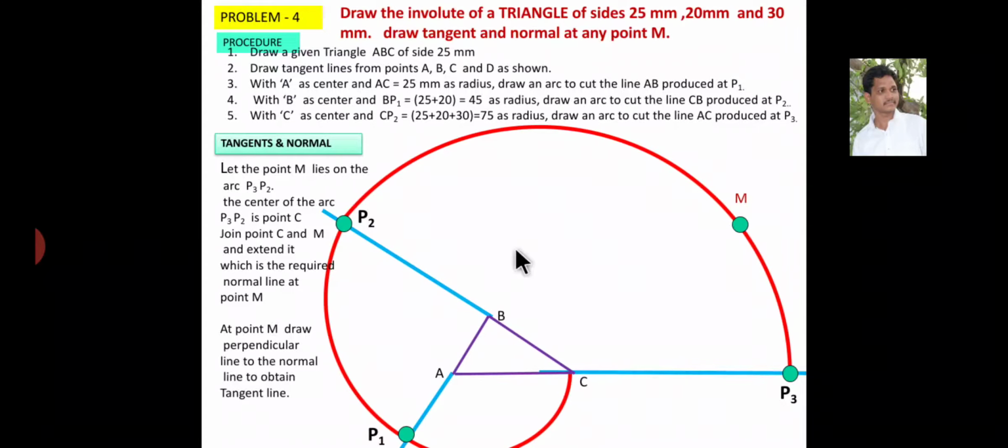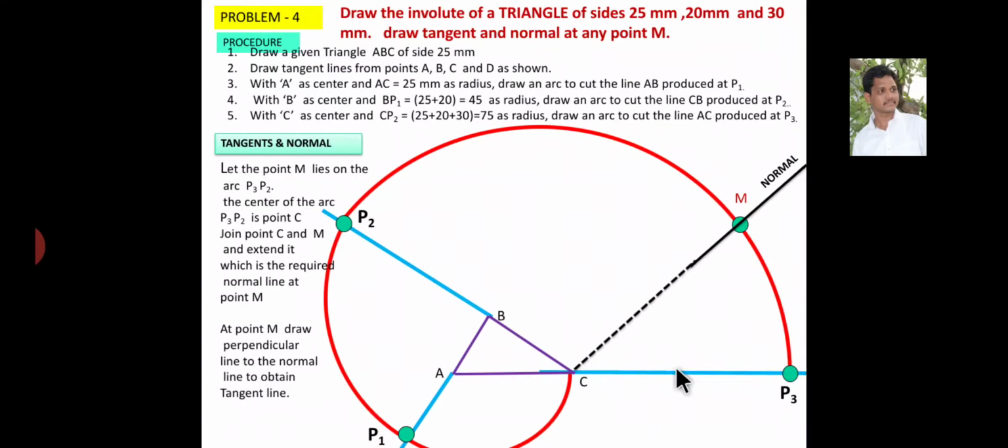This is the point M. Now the center of the arc P2 P3 is point C. Therefore you have to join point C and M and extend it, which is the required normal line at point M.